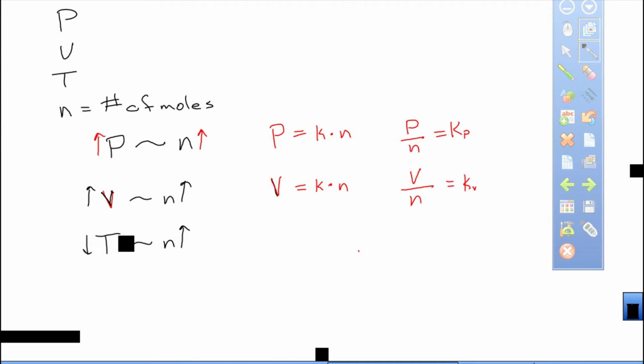So we're going to decrease the temperature. As one goes up, the other one goes down. That is what we call an inverse relationship, or we can write it as T is equal to a constant of temperature over the number of moles, or temperature times moles is equal to some constant.